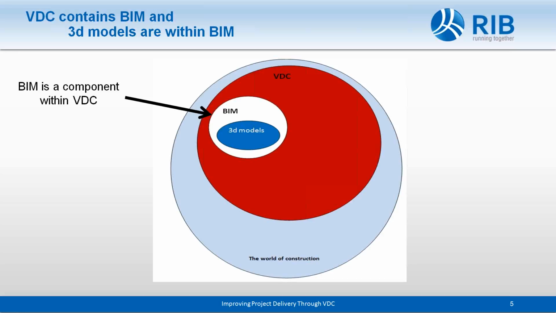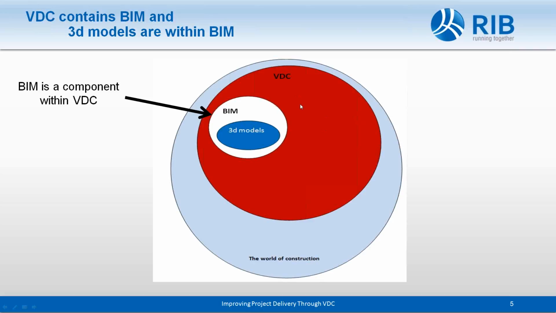But again, the light blue oval is all of construction. Within that, we have VDC. That is one method of organizing and delivering projects. BIM is a part of VDC.